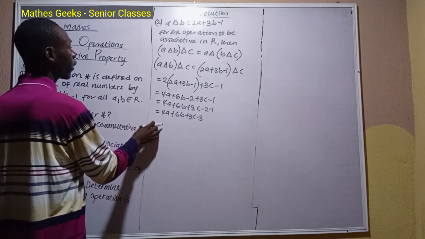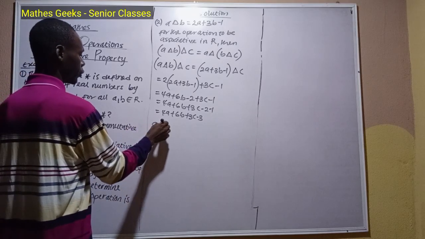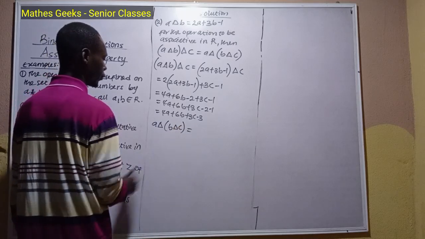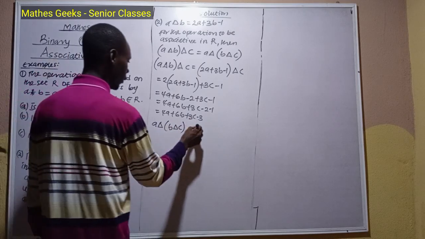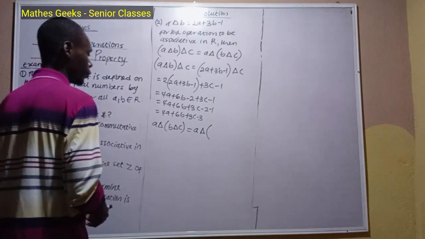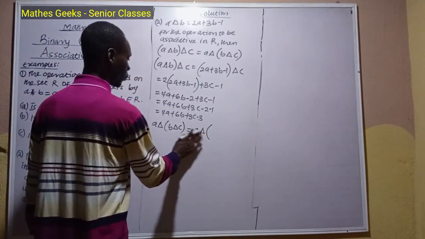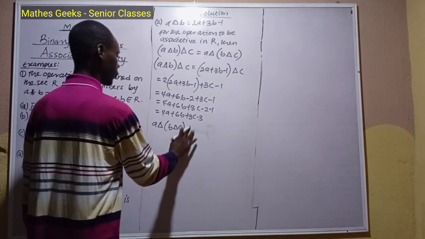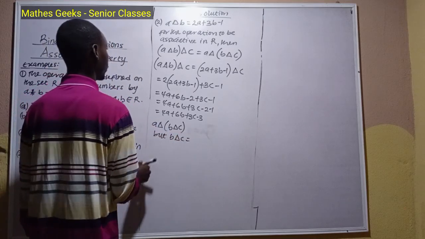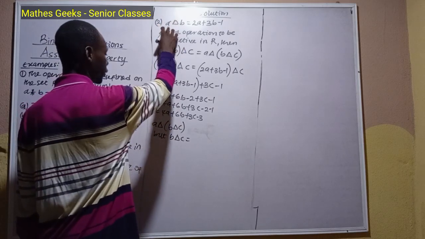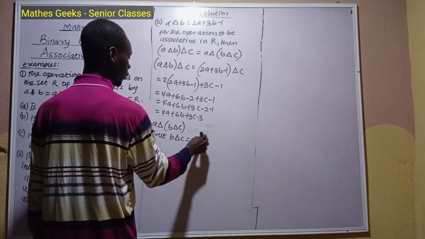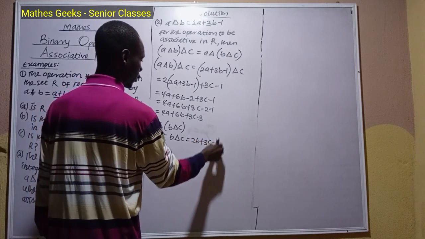Let's check A operation (B operation C). B operation C is equal to, replace A with B and replace B with C, and this will become 2B plus 3C minus 1.